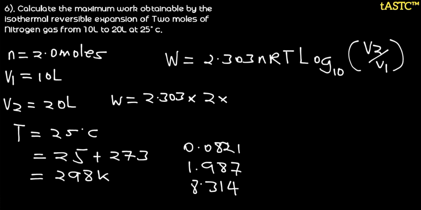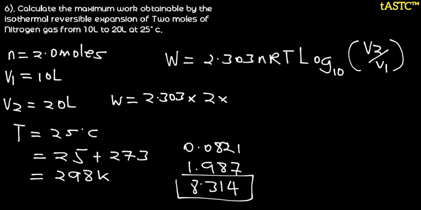Now the formula that we're actually going to use basically depends on the type of the unit for the work that we are actually looking for. If we used this form, then we would actually have the work done in another form. If we used 1.987, then we're actually looking for the work done in calories.